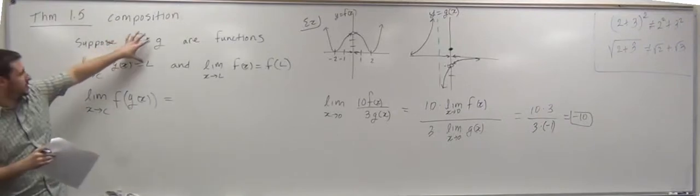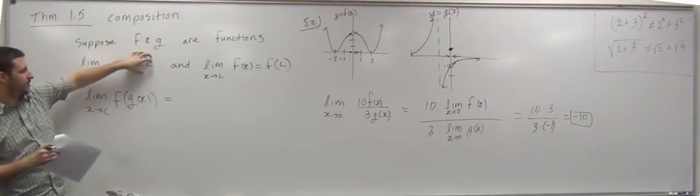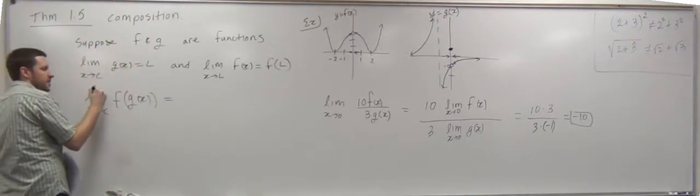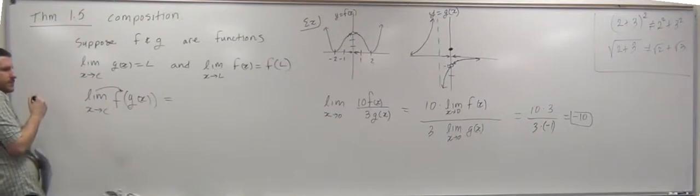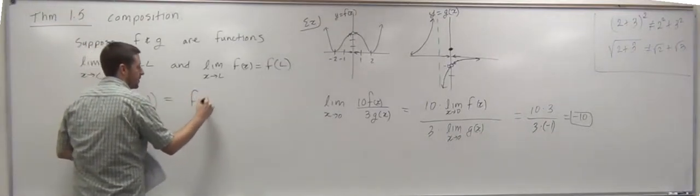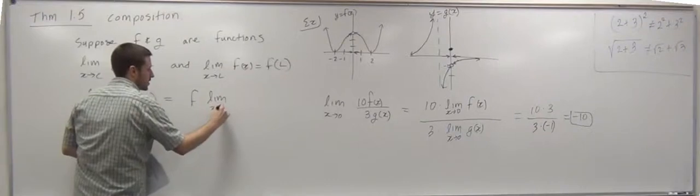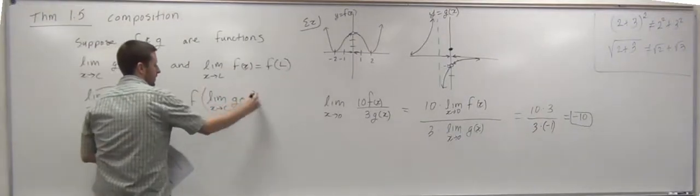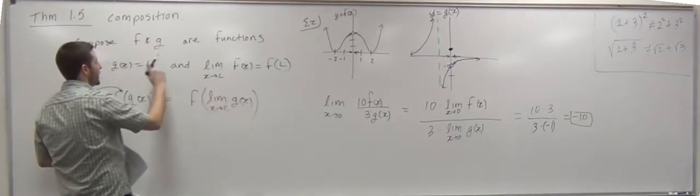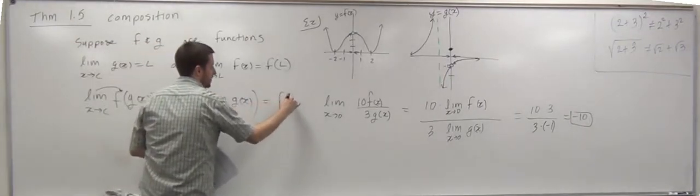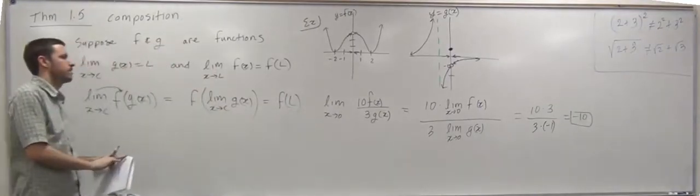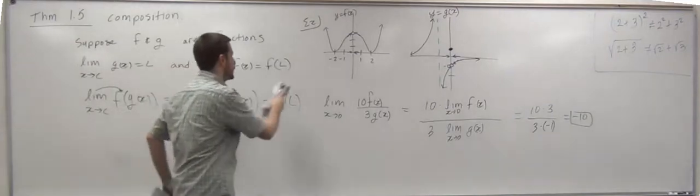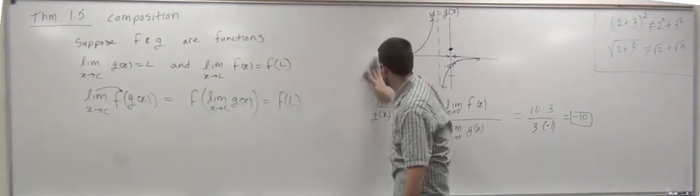If I were to sum this up, basically if you have nice basic functions, you can squeeze the limit past the first function. So you can rewrite this as f of the limit as x goes to c of g of x. Because this was equal to L, this is equal to f of L. So instead of trying to unravel this cryptic stuff here, let's just do examples.